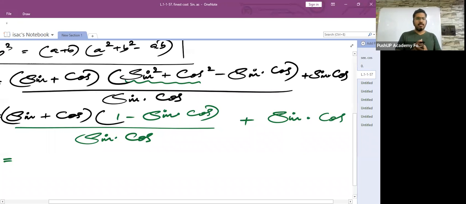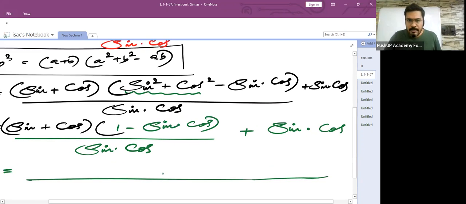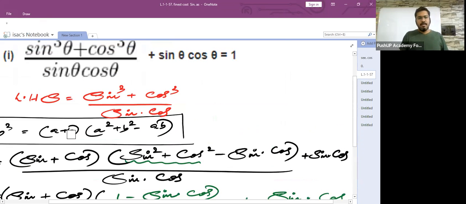What to do? LCM method? Will it help us? What is the end result that we need? It is equal to 1. No? Okay, that means elimination is going to happen.